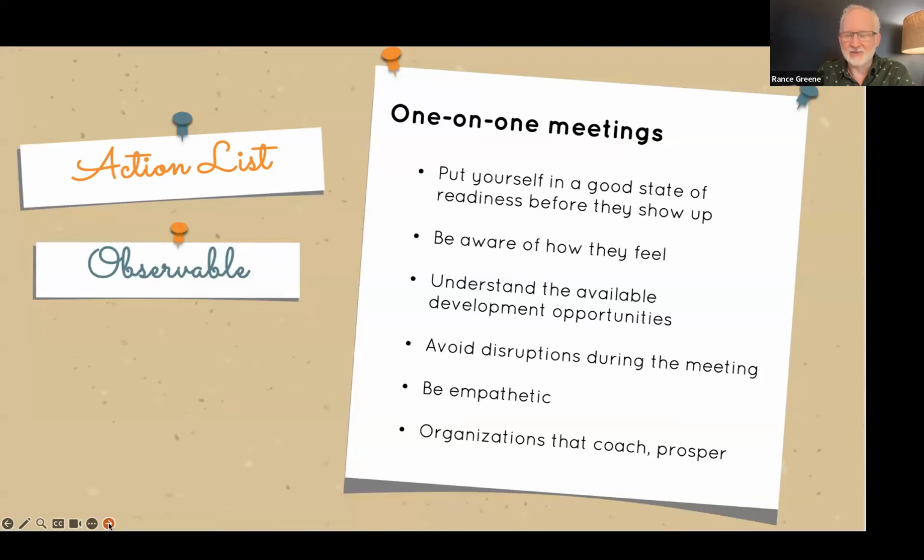We have to give them something to do. Then we have the state of being. And then this last one is interesting. Organizations that coach prosper. That is not something that the learner for this course can actually do, but it might be good to put it in the course as why this course is so important.